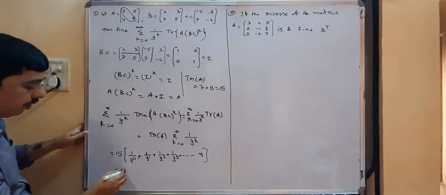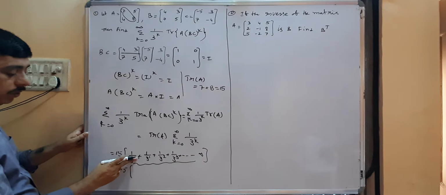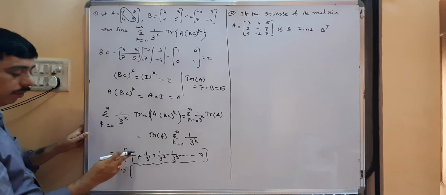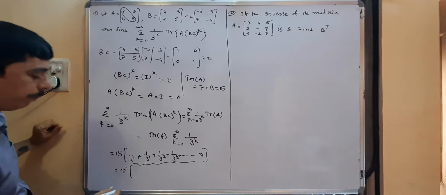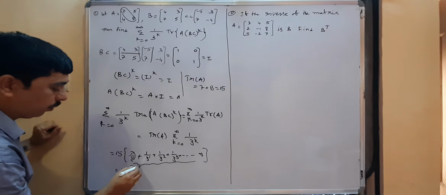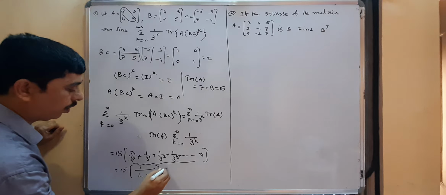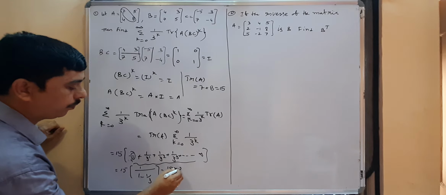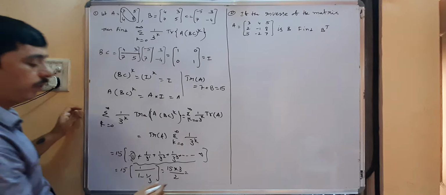That is 15 into the sum of infinite terms in the GP. 3 power 0 means 1, 1 by 1 means 1. Sum of infinite terms in a GP is a by 1 minus r. Here a is 1, r is 1 by 3, so 1 minus 1 by 3. Like 15 into 3 by 3 minus 1, which is 2. So the answer is 45 by 2.